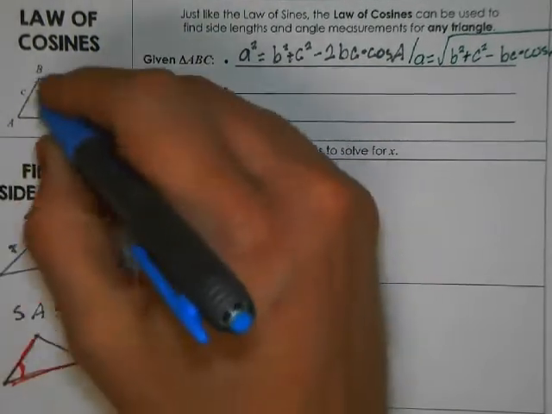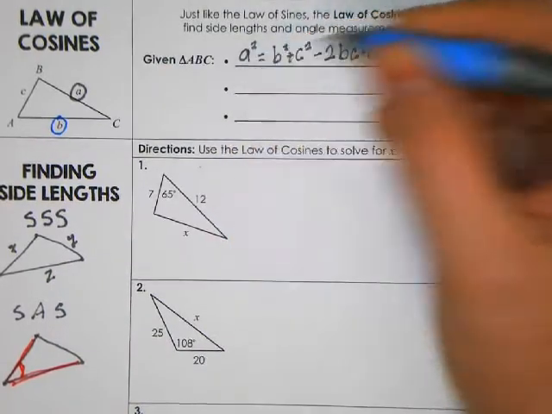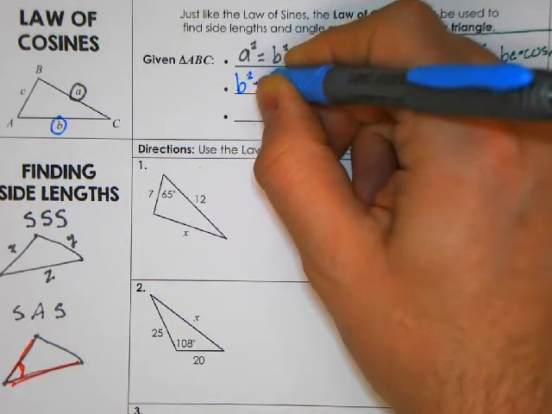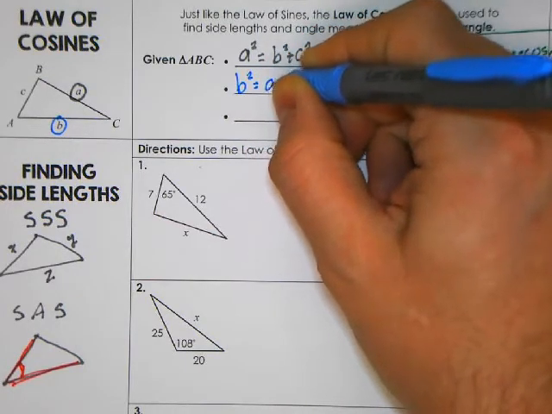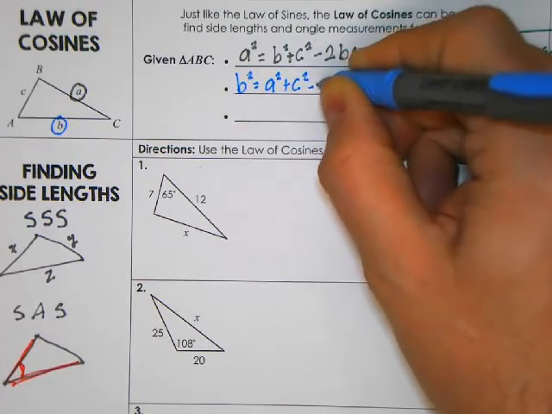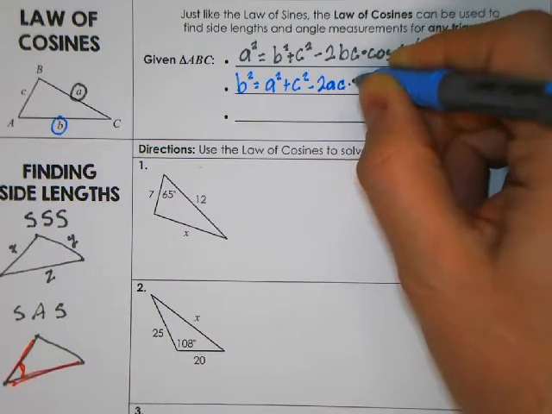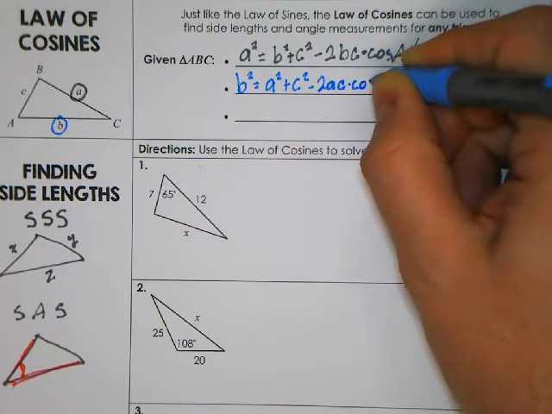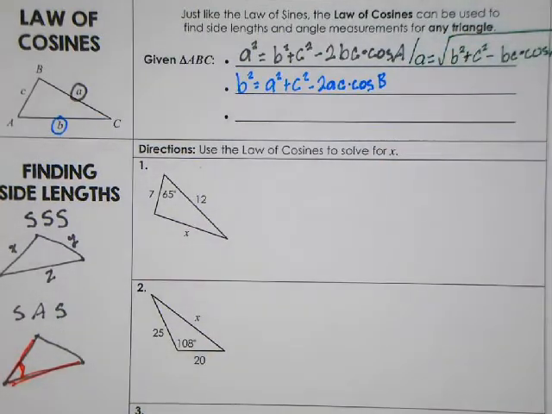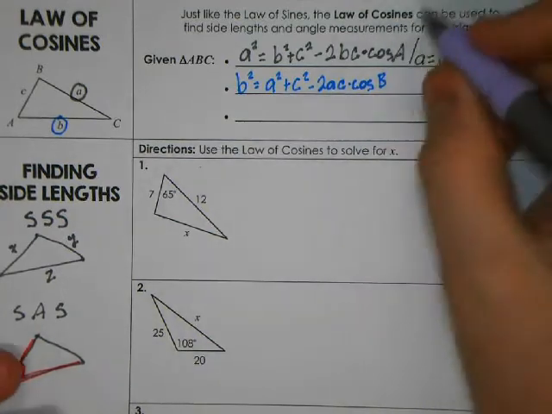So now let's look at side B. Side B is going to look pretty similar to this. We're going to say B squared will be equal to A squared plus C squared minus 2 times side A times side C times the cosine of angle B. And I'll go ahead and just toss the other one up here.